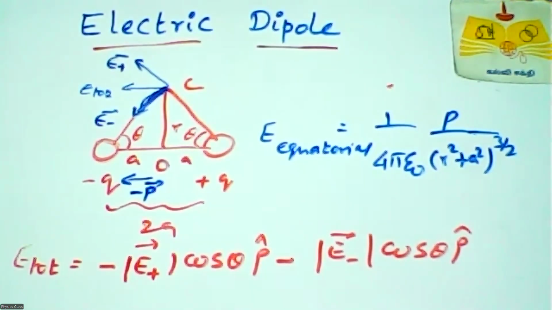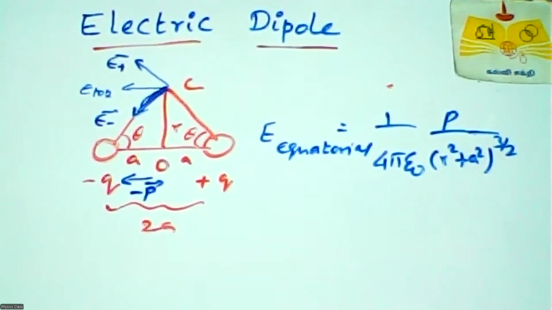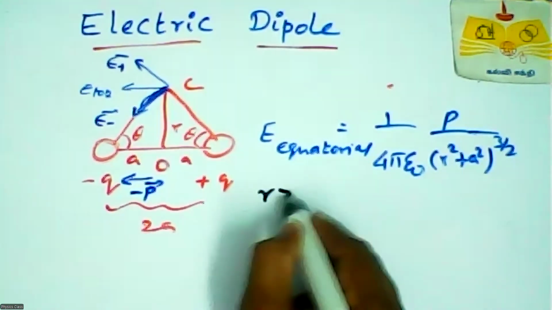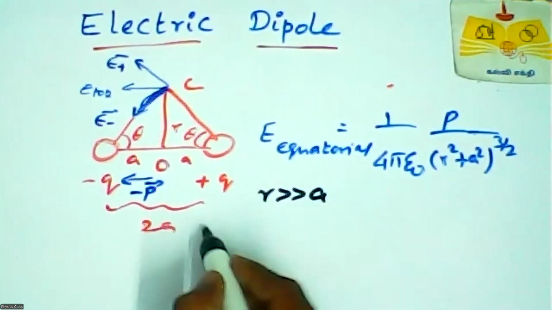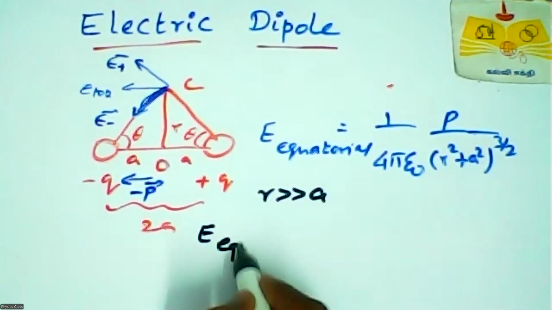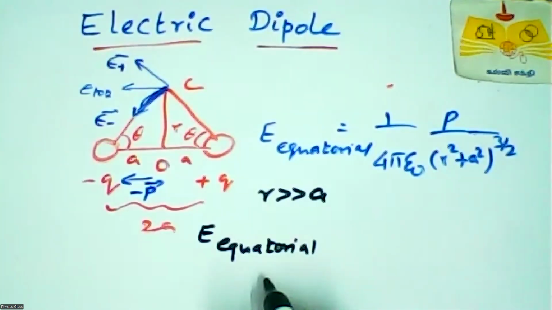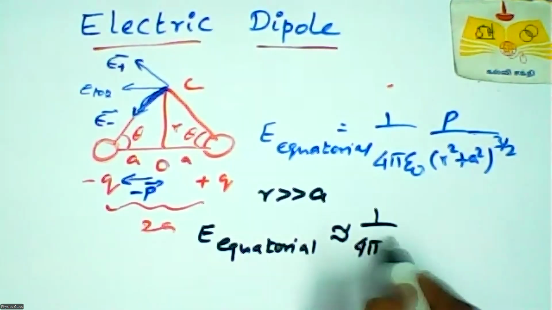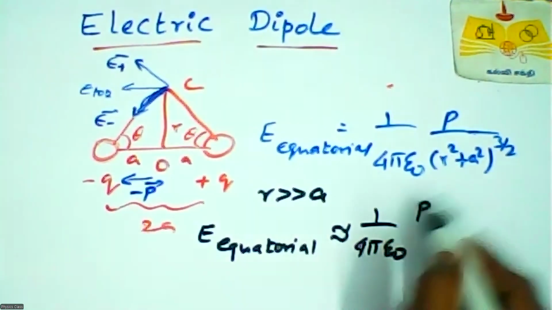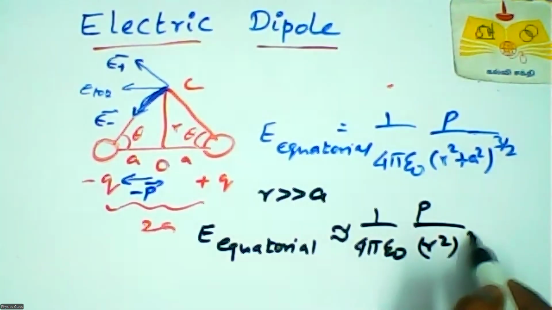For a short dipole, R is much greater than A. So then E equatorial is approximately 1 by 4 pi epsilon naught P by R square to the power 3 by 2.